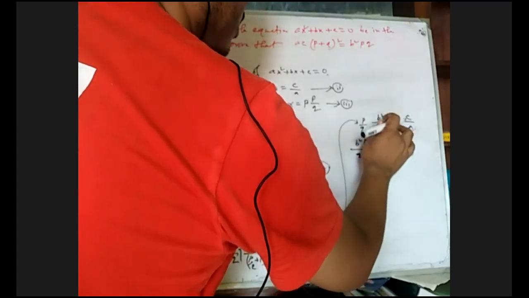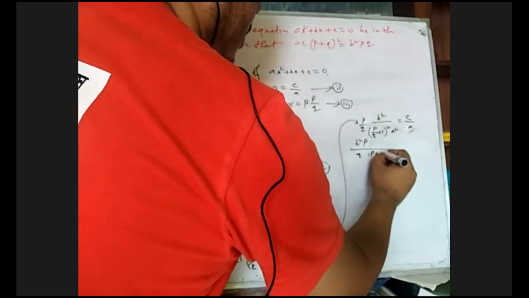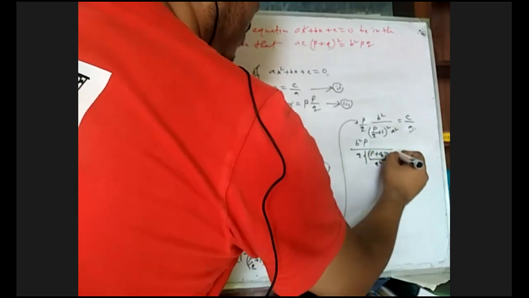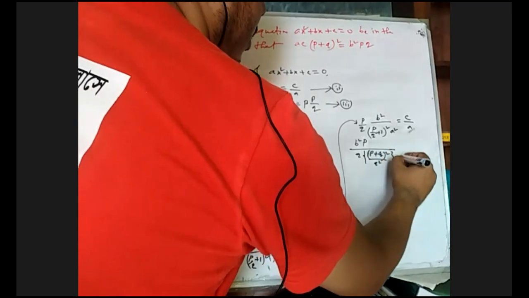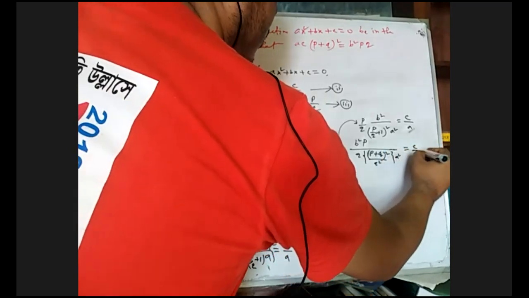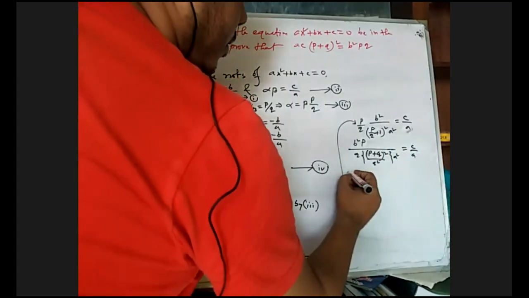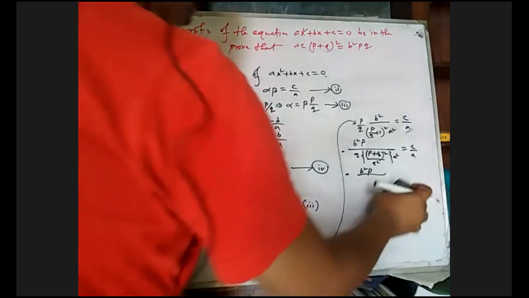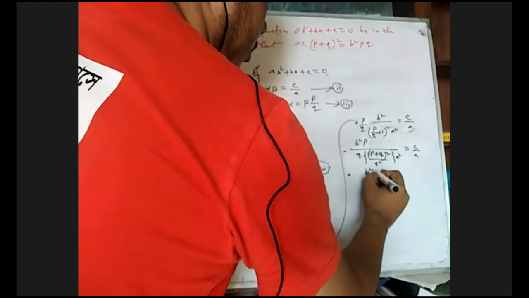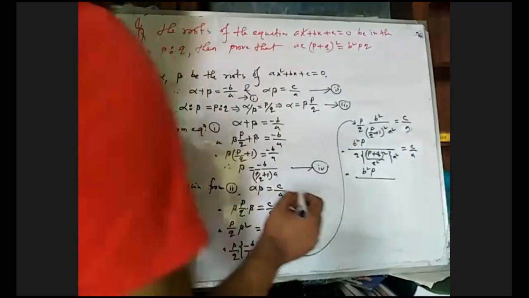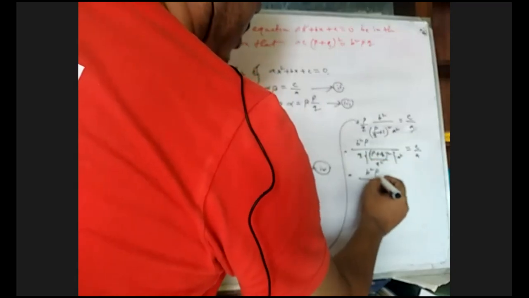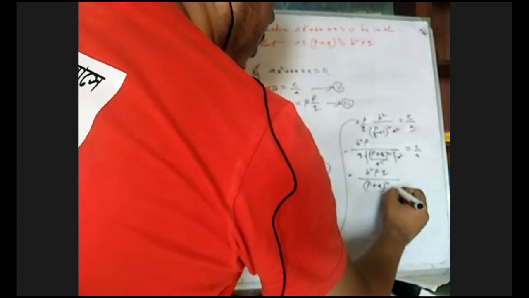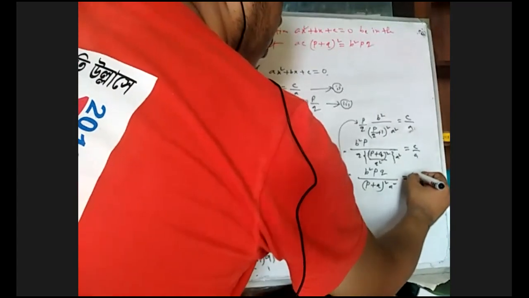Here will be what? P plus q whole square divided by q square, and a square, or b square p divided by, q cancel, only one q will exist, so p plus q whole square a square equal to c by a.